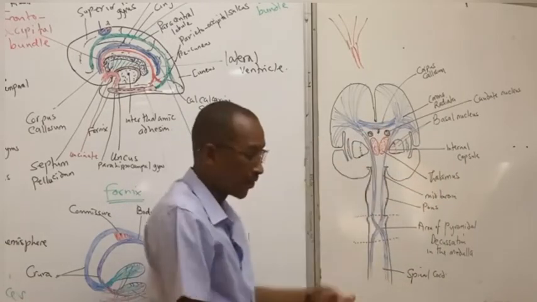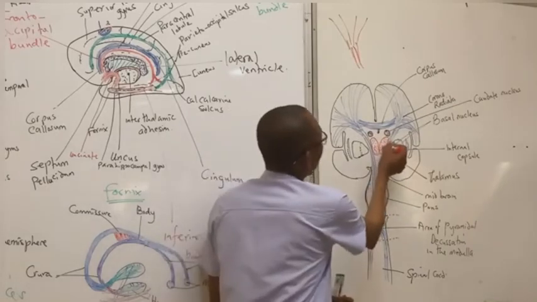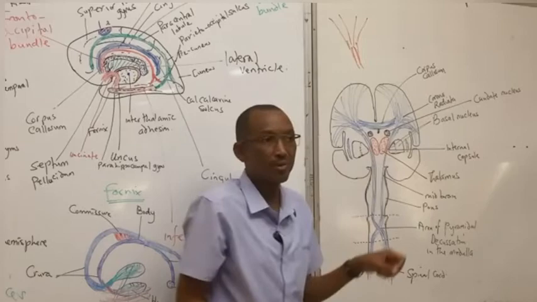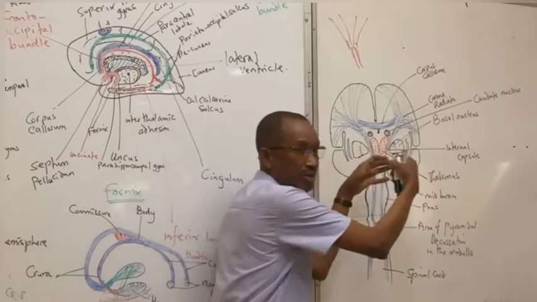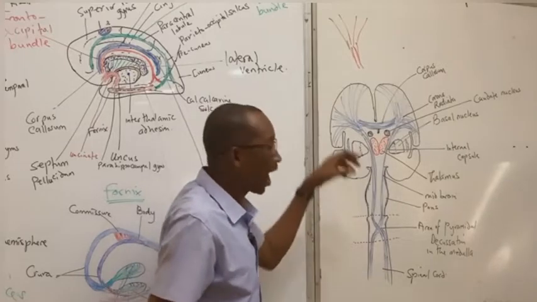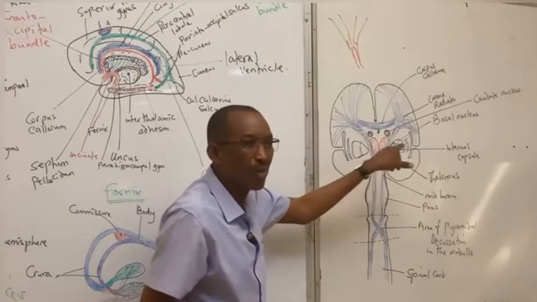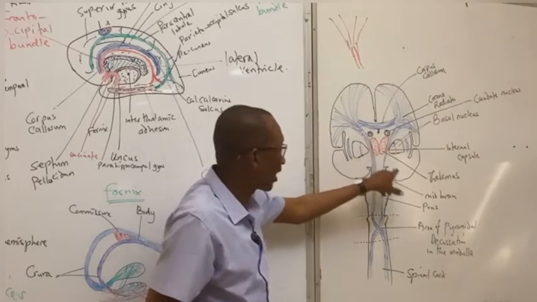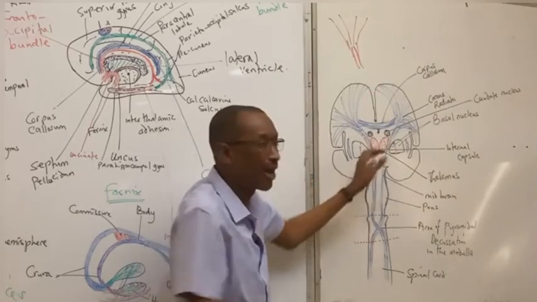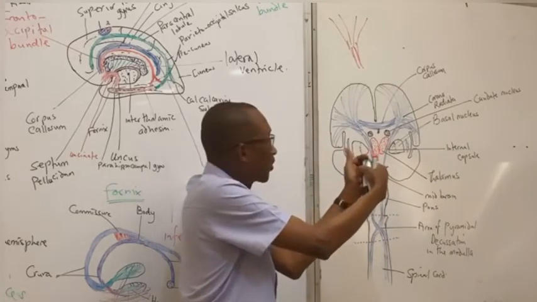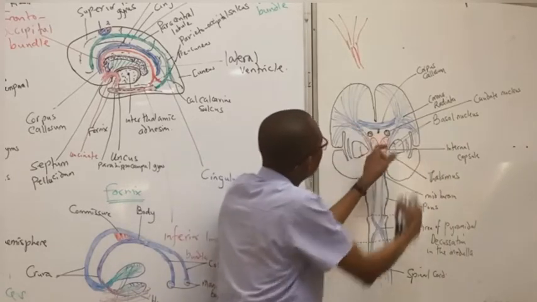These structures are, number one, the thalamus. So we have a thalamus on the right side and a thalamus on the left side, enclosed by this internal capsule. You get it? These two thalami, singular thalamus, plural thalami, enclosed by this internal capsule on the left and on the right.